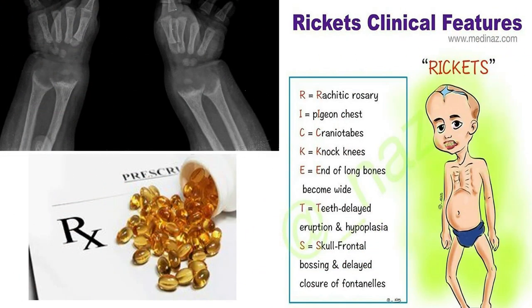Among all metabolic diseases, rickets or osteomalacia is very important for our undergraduate students and also for postgraduate students. As far as the disease is concerned, it affects the endochondral ossification, and as we all know, rickets is due to vitamin D deficiency.